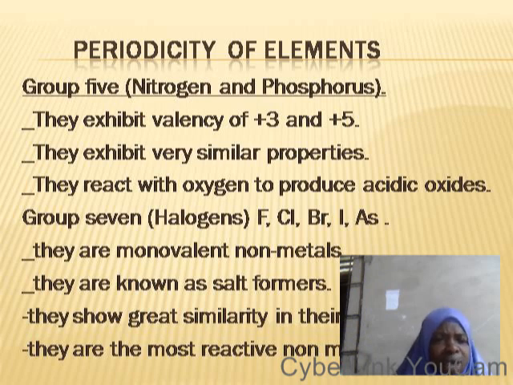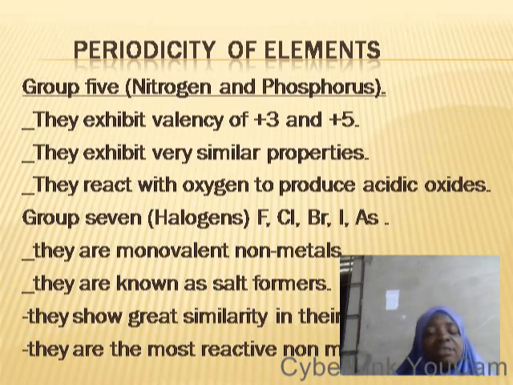The next group we are going to be looking at is the group 7 elements. These group 7 elements are also known as the halogens, which are the salt formers. Among them we have fluorine, chlorine, and bromine. Now, their reactivity decreases down the group.